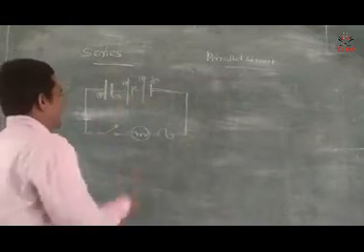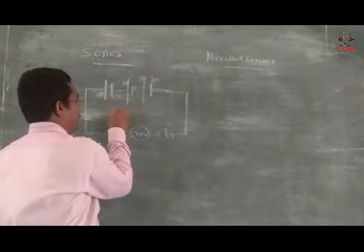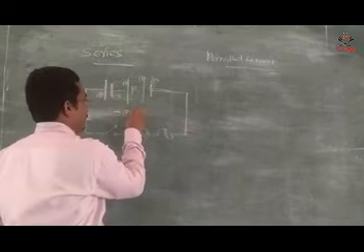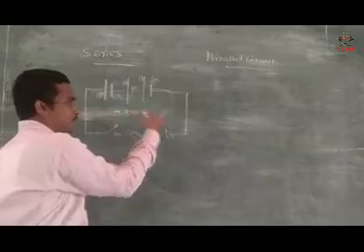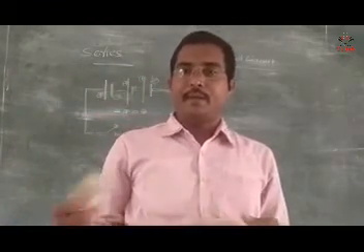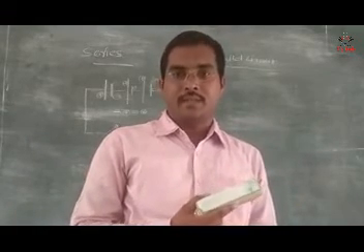So how is the arrangement? Negative, positive, alternate. Negative terminal connects to positive and positive terminal connects to negative. Such a type of connection is called a series connection.